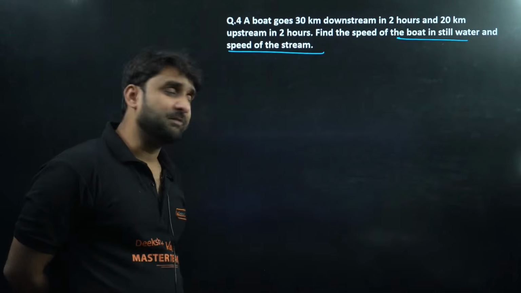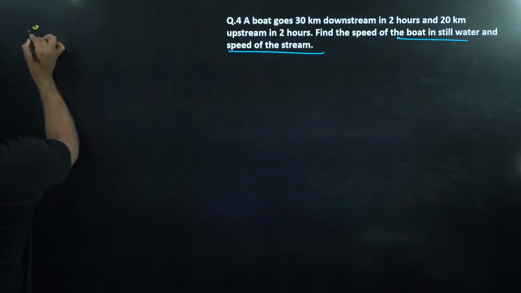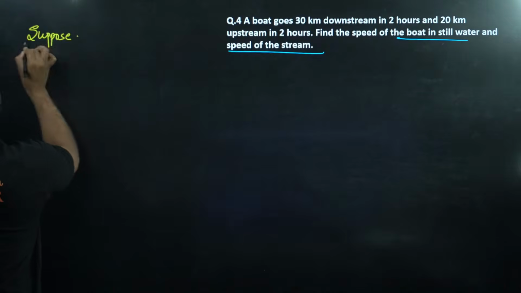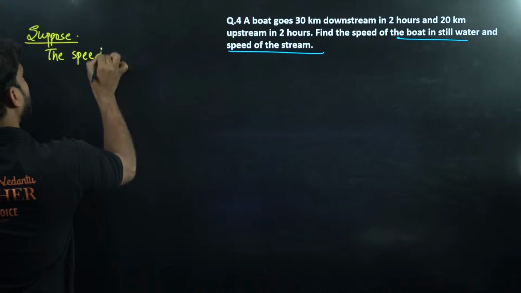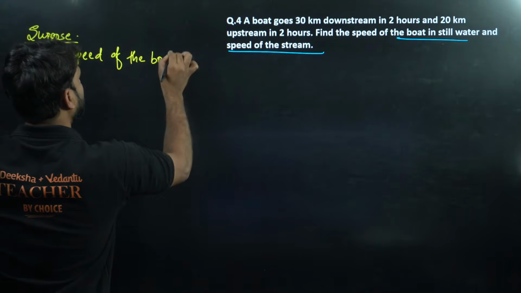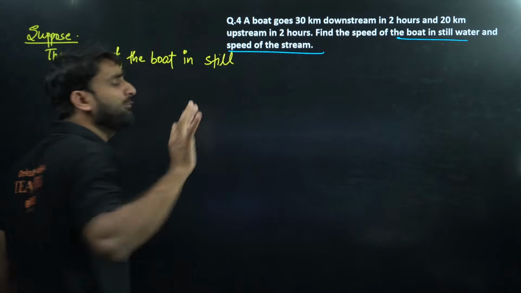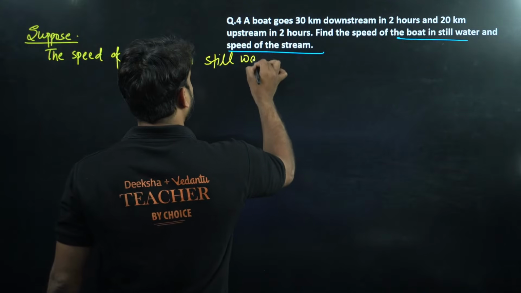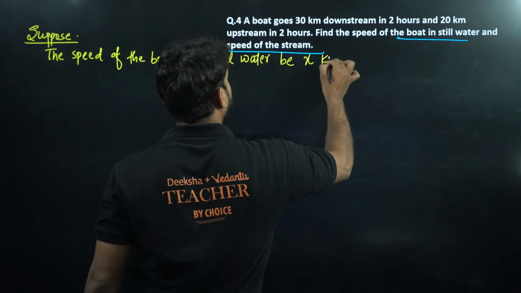Suppose the speed of the boat in still water. Still water means when the water is not flowing, the rest water, which is called still water, be x kilometer per hour.